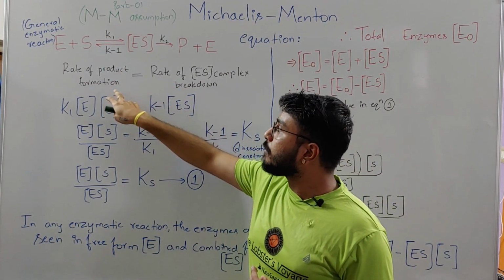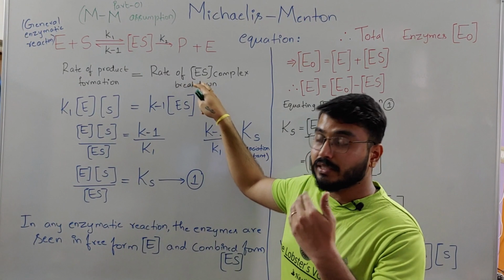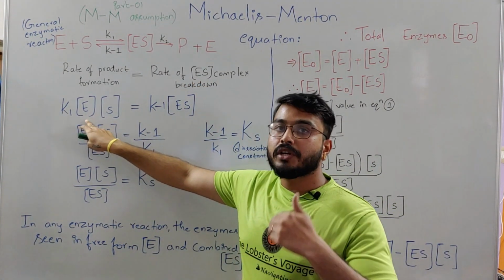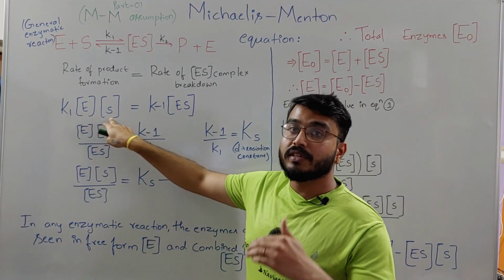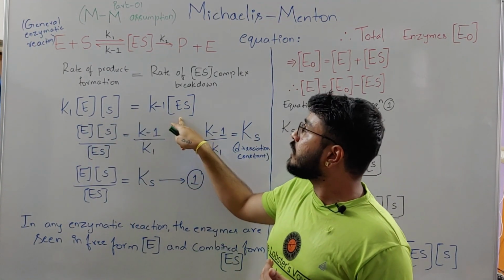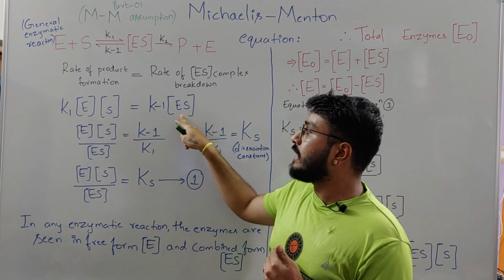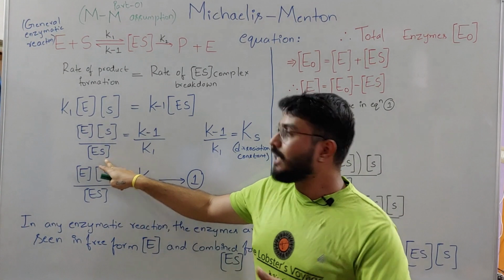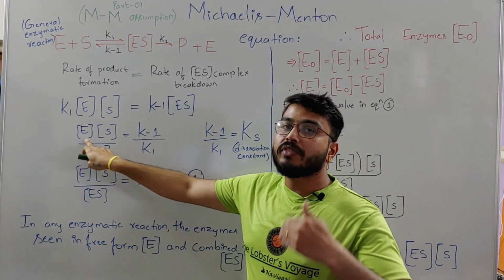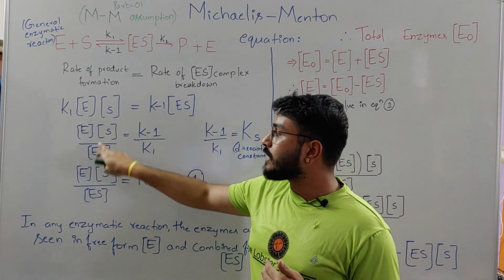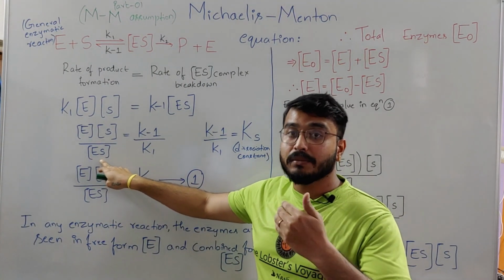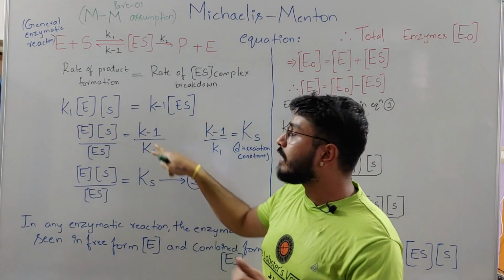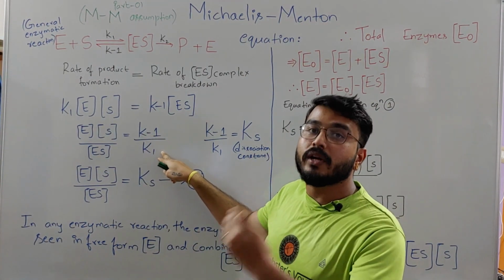Working on the product formation and the enzyme substrate complex broken down, we get to write that the molar concentration of the enzyme into the molar concentration of the substrate is directly proportional to the disintegration of the enzyme substrate complex, that is ES. Now writing the terms on the same side, we get the molar concentration of the enzyme into the molar concentration of the substrate divided by the molar concentration of the enzyme substrate complex, which is equal to the rate constant of the reverse reaction divided by the rate constant of the forward reaction.